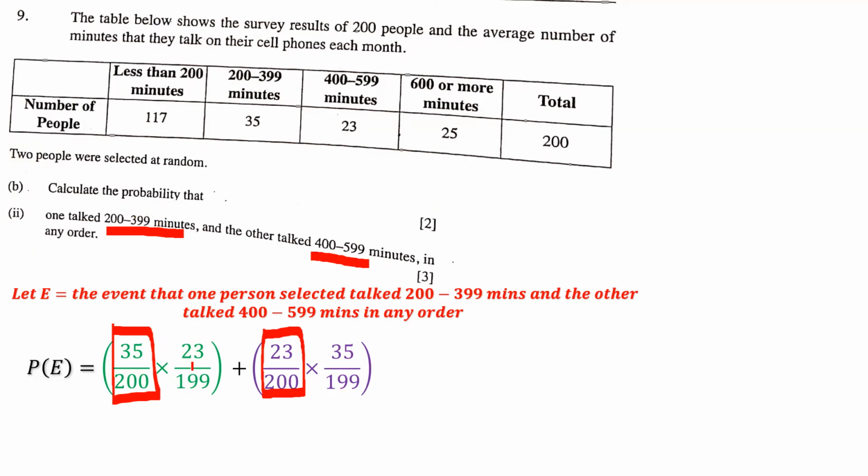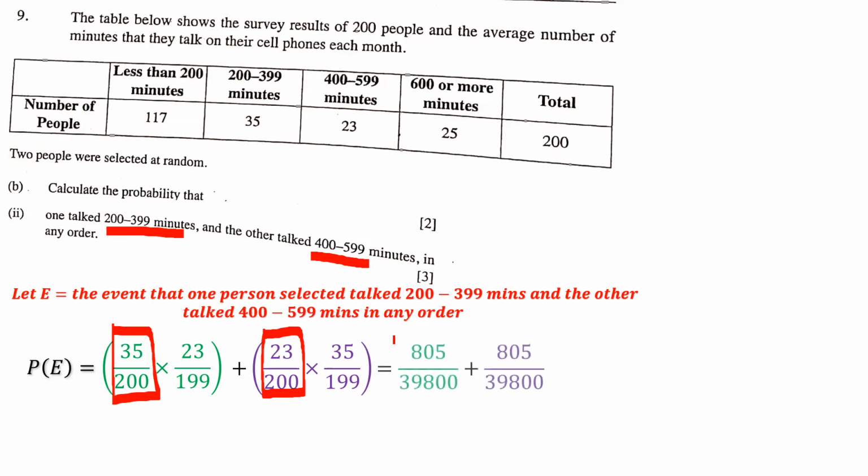Then we select the person who talked for 400 to 599 minutes second. And this way is if we select one person who talked 400 to 599 minutes first, and then the other person who talked for 200 to 399 minutes second. So these are the two orders that can happen.